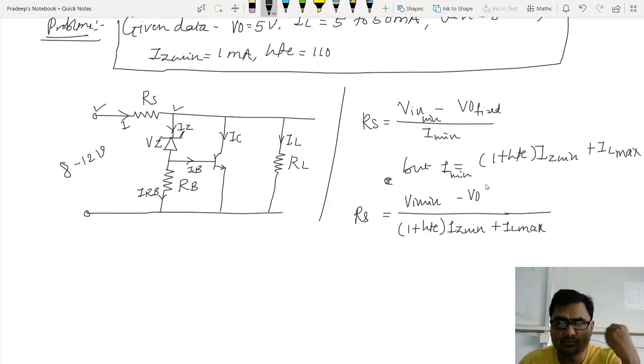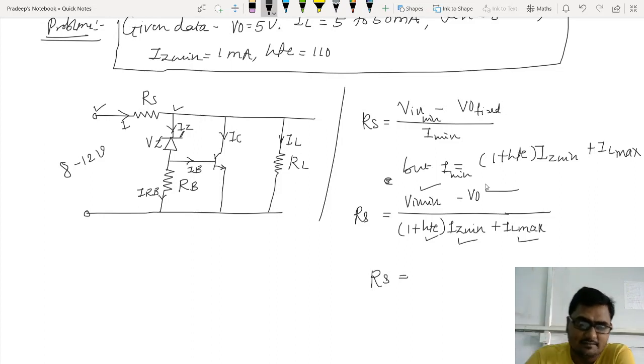The minimum input voltage is 8, the output voltage is 5, HFE is given, IZ minimum is also given, and IL maximum is also given. Put all the values into the equation, use your calculator efficiently and calculate the value. It comes to around 100 or less than 100.